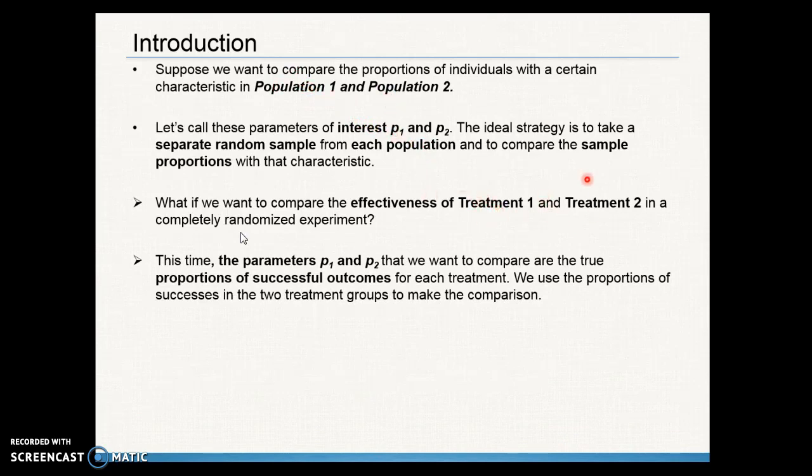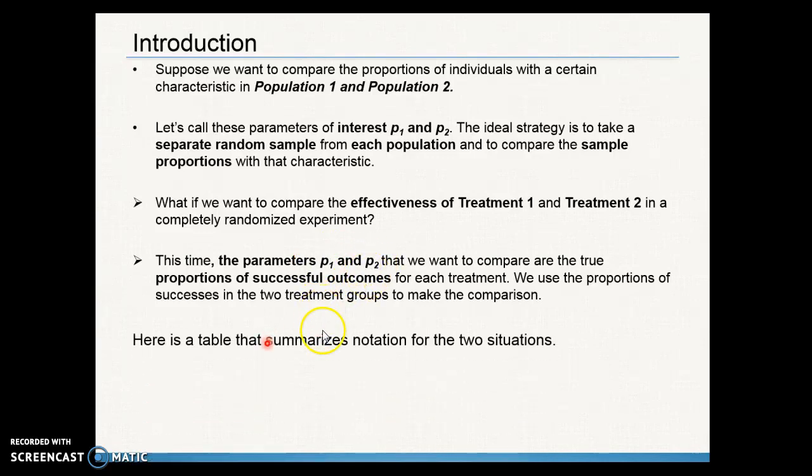This time the parameters, population proportion 1 and population proportion 2, compare the true proportions of successful outcomes for each treatment. So basically we have two groups, group 1 and group 2. What is the proportion of successes in group 1 and group 2?